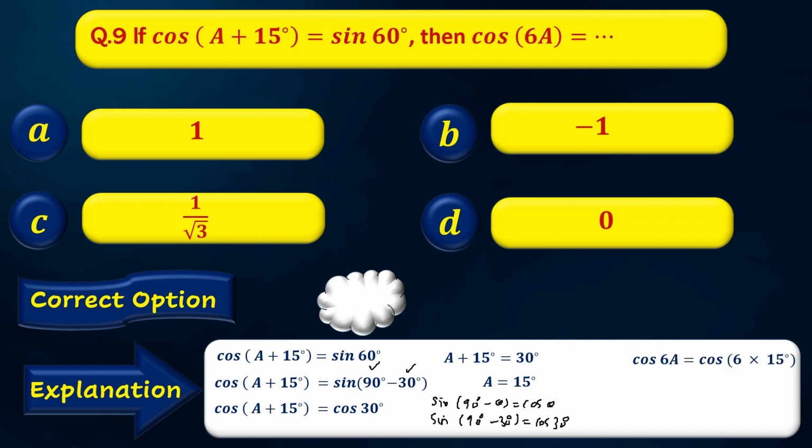Now cos 6a will be equal to cos of 6 into 15 degrees. Here we have replaced the value of a by 15 degrees. So cos 6a will be equal to cos 90 degrees, and the value of cos 90 is 0. Therefore, the correct option is option D.